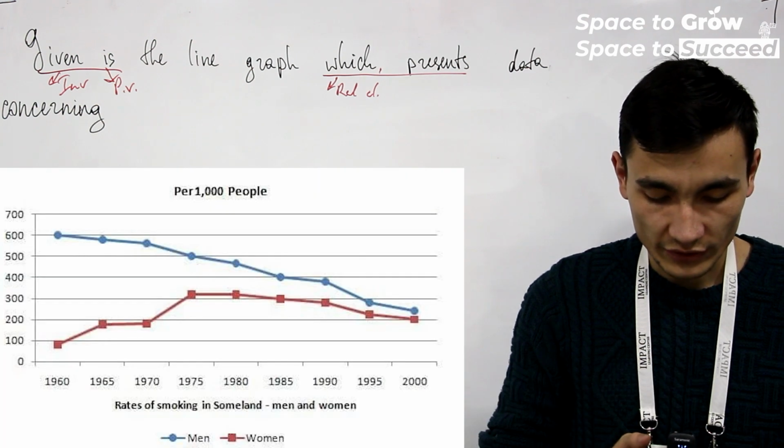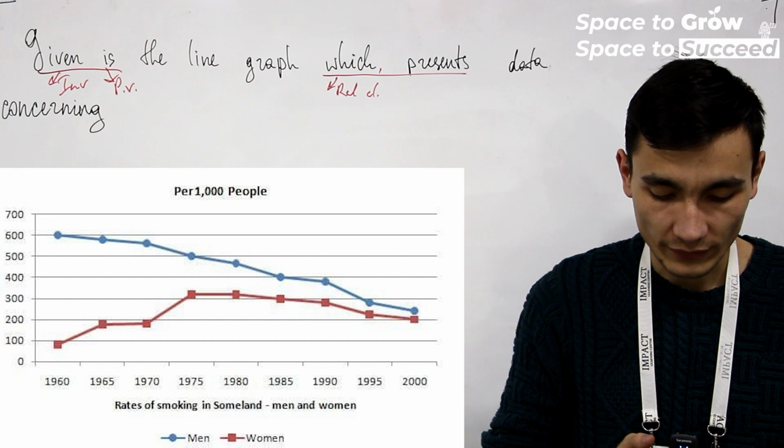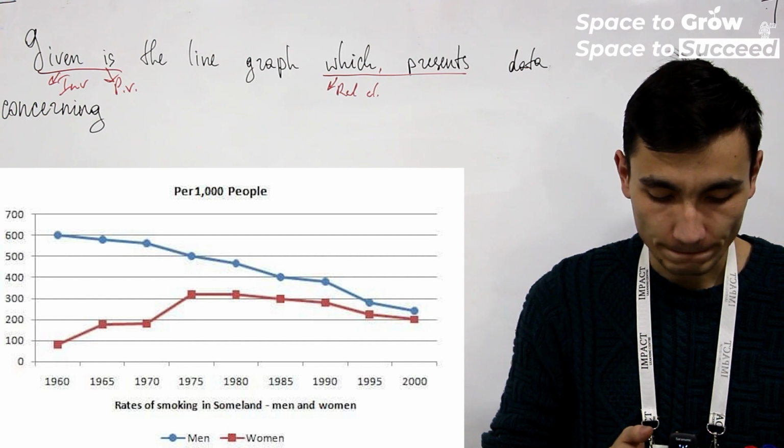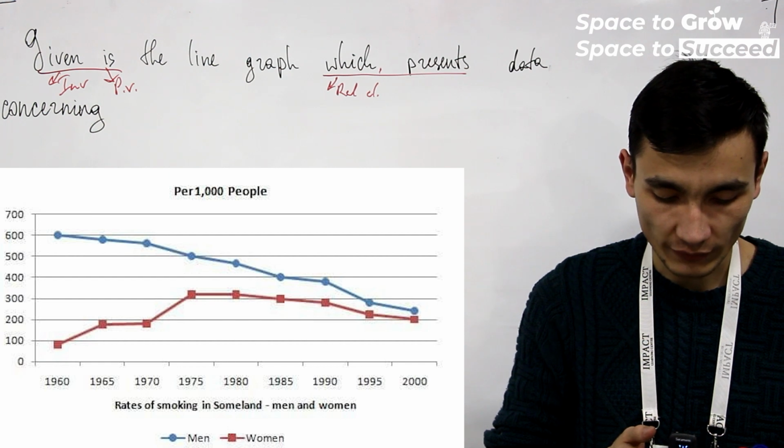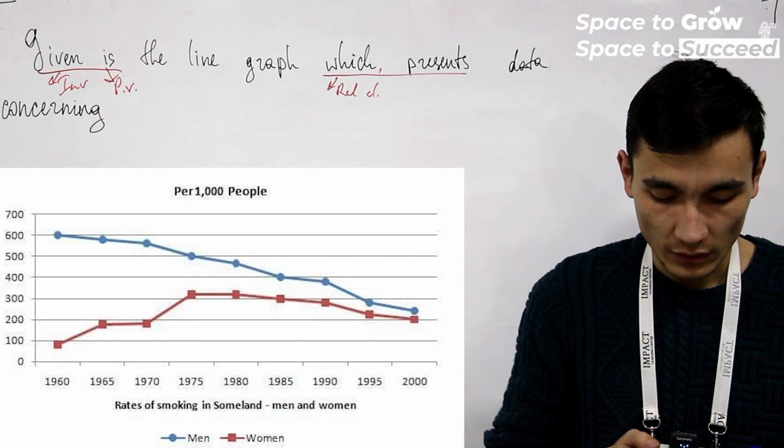So it's about rates of smoking. If you look at the line graph, it has per 1,000 people at the top, the numbers of people on the y-axis from 100 to 700, and on the x-axis you have years from 1960 to 2000.